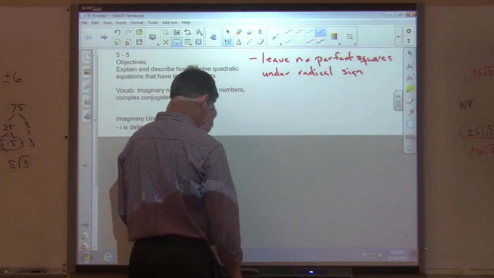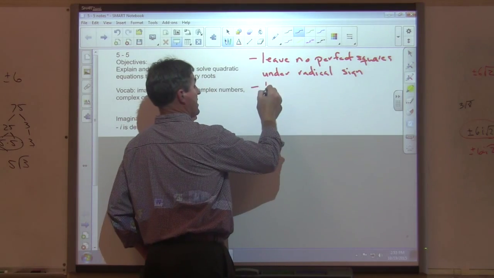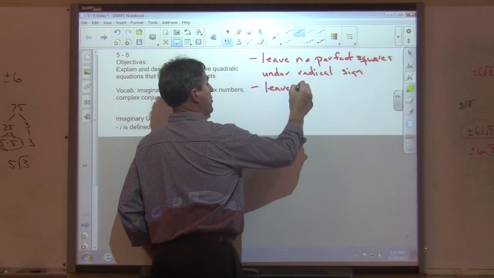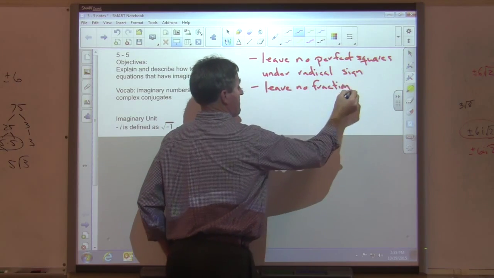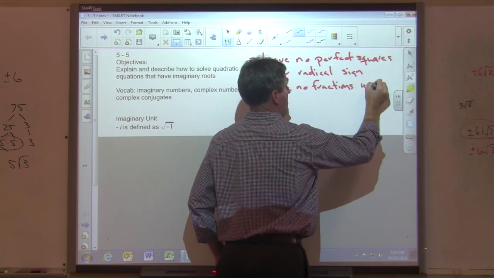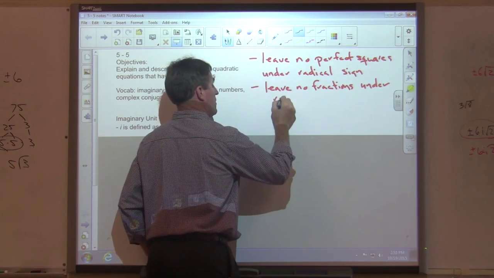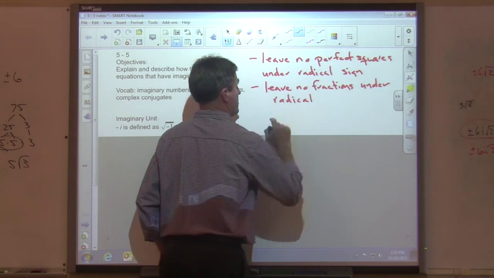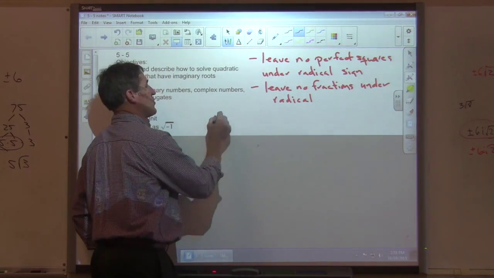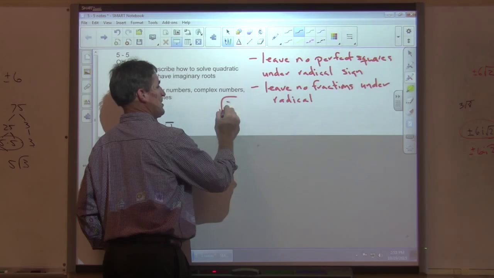The second rule is leave no fractions under the radical sign, or in the radical sign. So that would be, let's say I had the square root of 2/3.